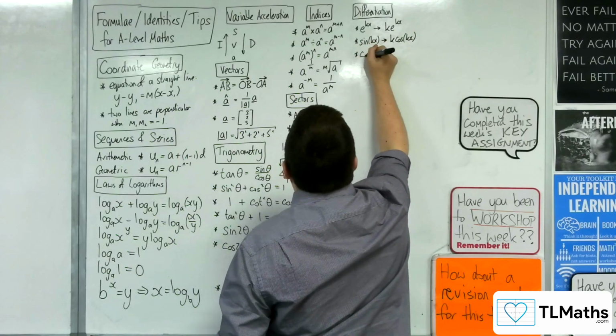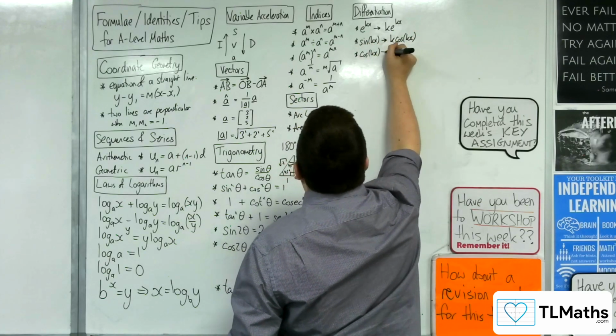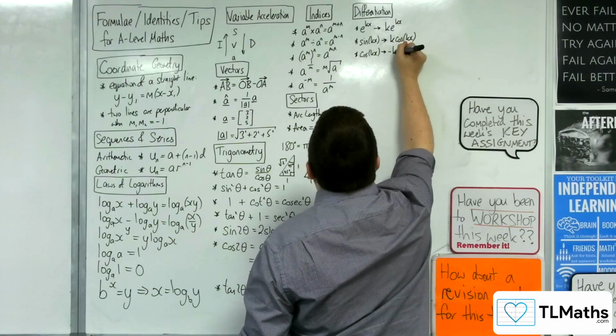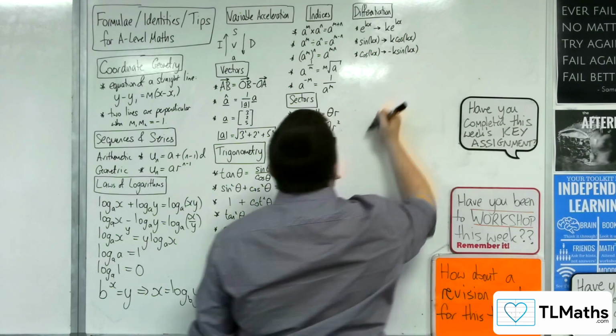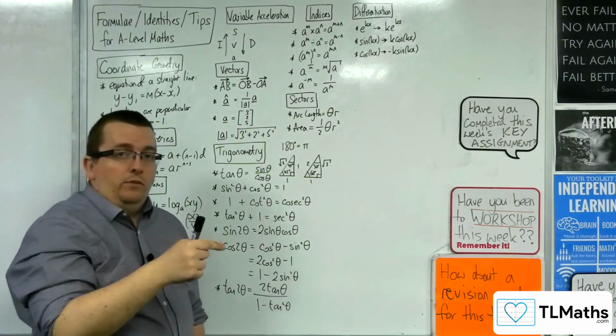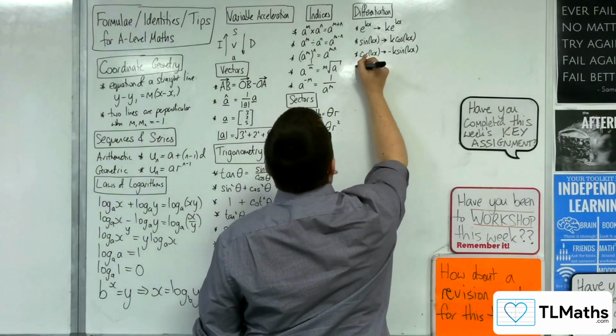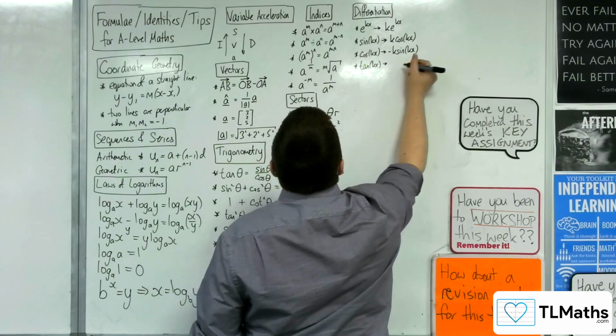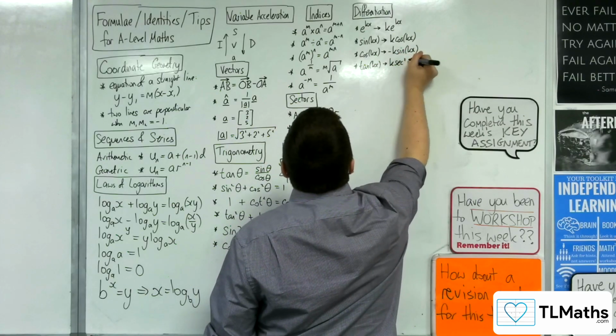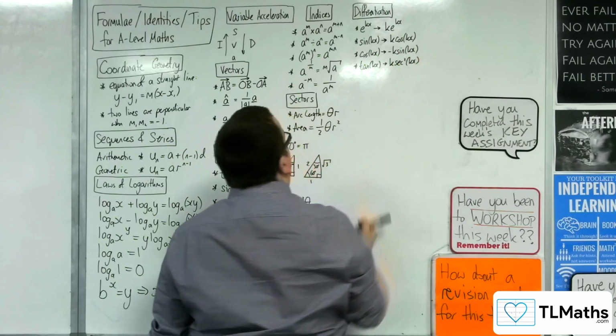If it is cosine of kx, then that differentiates to minus k sine of kx. Now tan of kx you're given, but I always think you should make sure you know it. Tan of kx is k sec squared of kx.